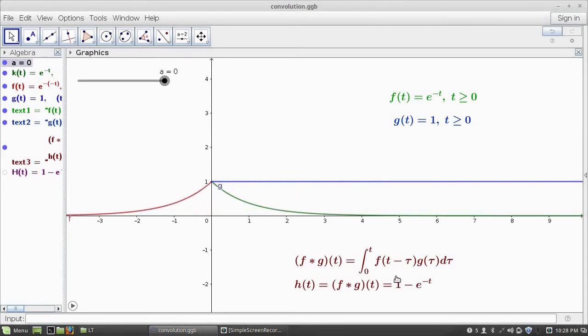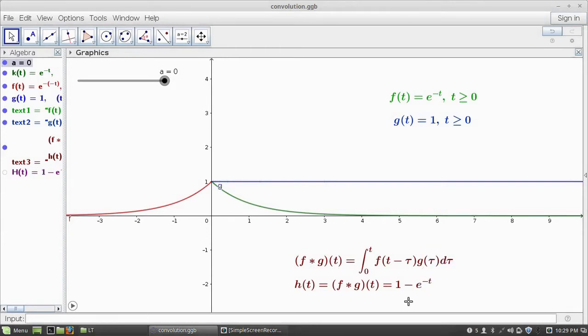And this f(t minus tau) is the flipped and translated version of the function f(t), and every time we are multiplying this flipped translated function with the other function and continuously adding this product from 0 to t, storing this value to f star g of t, and this is the value of the convolution integral.